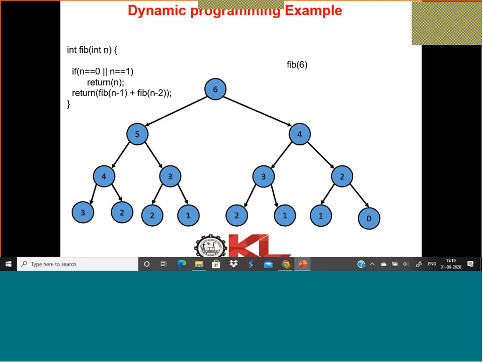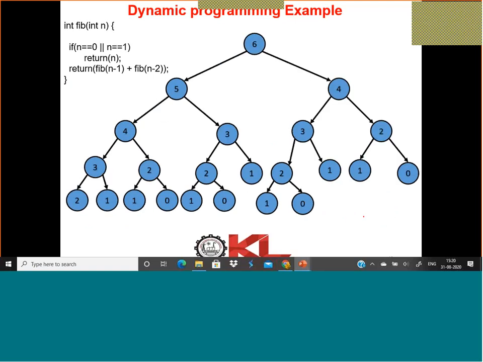If we expand the tree further, Fibonacci of 3 again gives 2 and 1, and for this one again 2 and 1, and for this one 1 and 0. Like this, we expand the tree further.